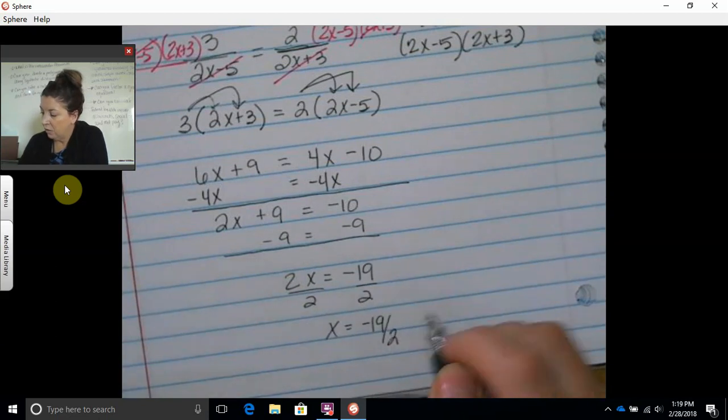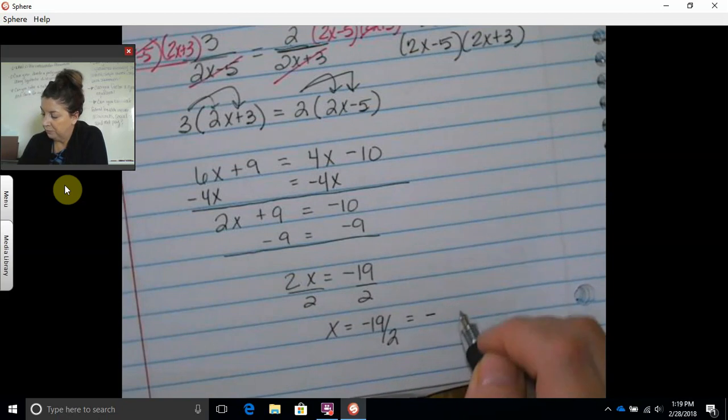Which you could leave like that, or how many times does 2 go into 19? 9. What's remaining? Negative 9 and 1/2. One's the remainder, is what I was trying to get y'all to say.